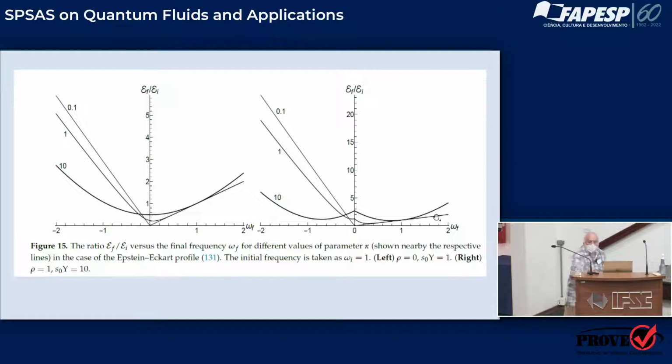The coefficient is 1. But when we go to field inversion, again we see the ratio of energy is a straight line, but with another coefficient. Here is coefficient 3, and here a coefficient much bigger.